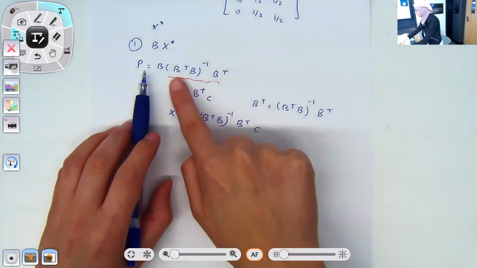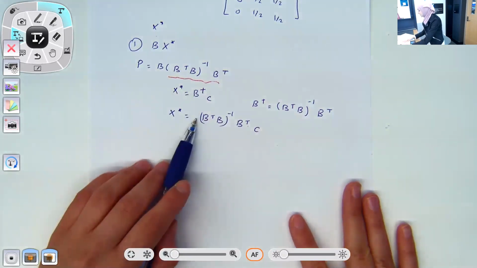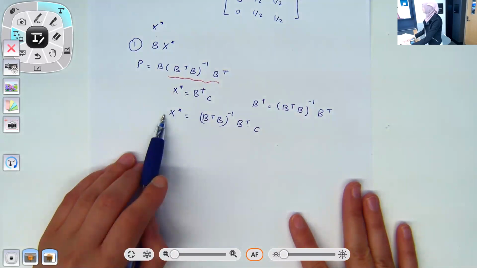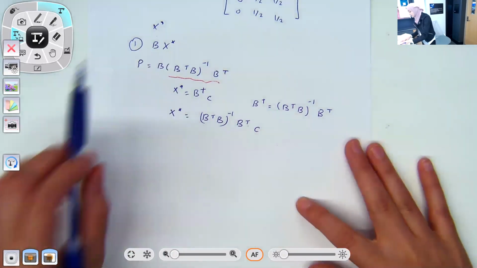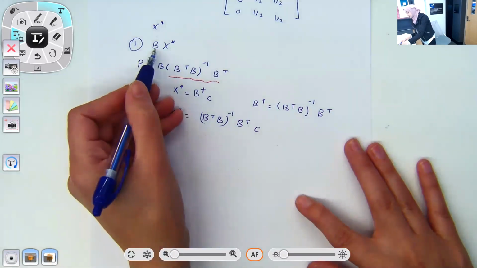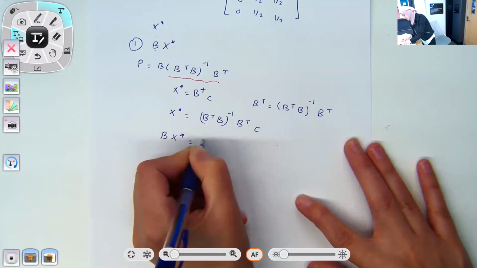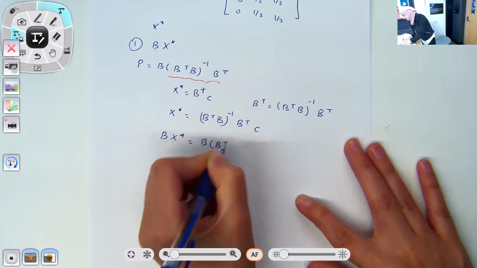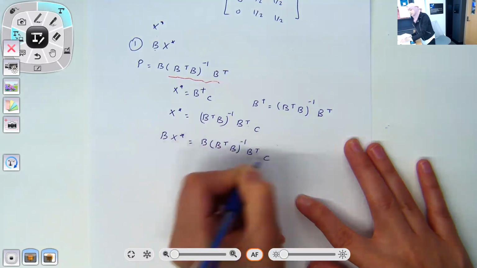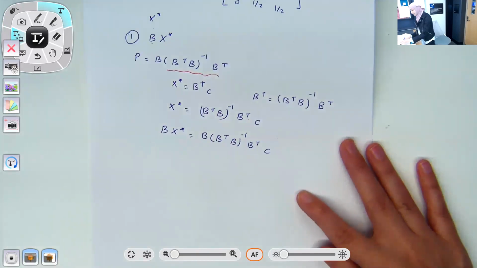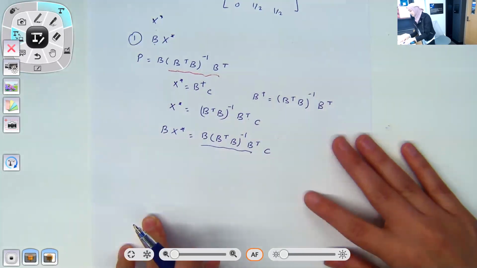Now, if you look here, we just need to multiply with B on both sides so we can find the value of Bx star. Multiplying both sides by B, you will get Bx star equals B multiplied with (B transpose times B) inverse times B transpose times C. This is the same as the projection matrix, which is given in question 3.